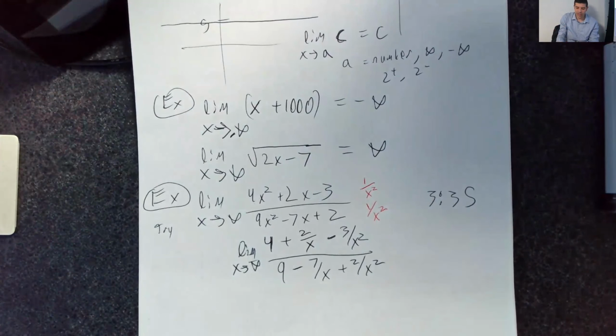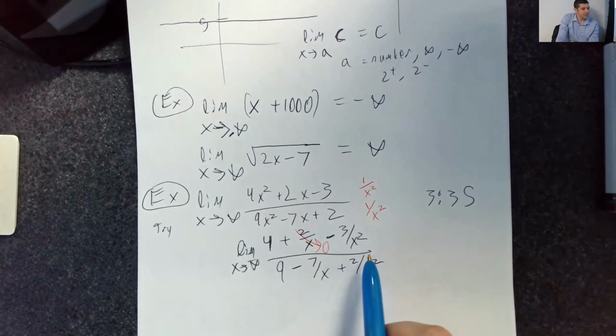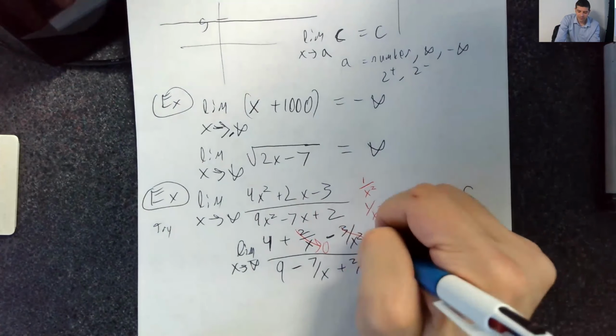Okay, what's the limit of 4? A constant is a constant. Limit of 2 over x, using the pro tip, is 0. 3 over x squared, pro tip, 0.